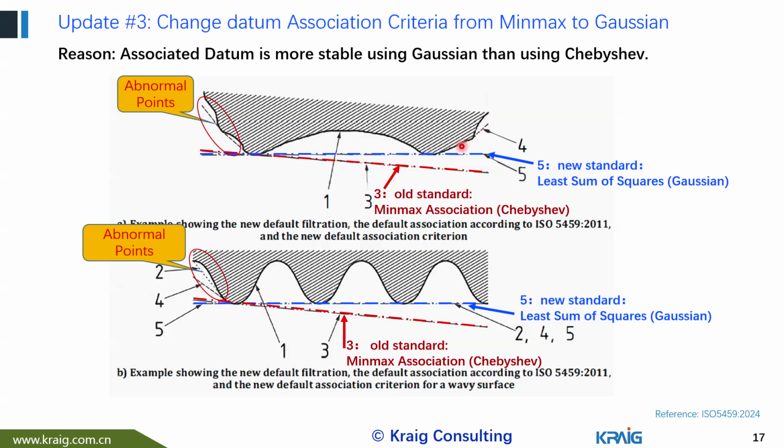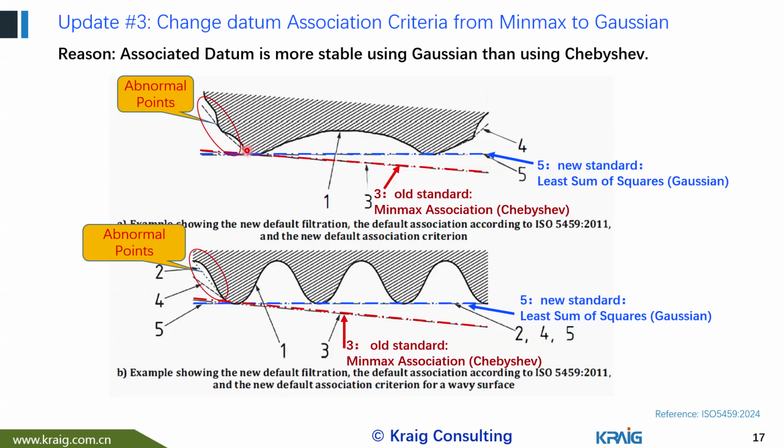So what does it mean? When we use the least squares, I mean the Gaussian, since all of the points are in the calculation, we are going to get the datum of this blue line. It's kind of more democratic because all of the points play a part in the calculation.